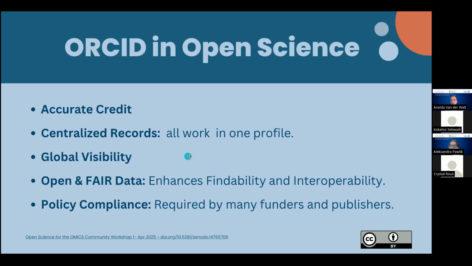Other research outputs. It also helps with global visibility. So ORCID is a globally recognized ID, just like DOIs, digital object identifiers, are globally visible and recognized identifiers.